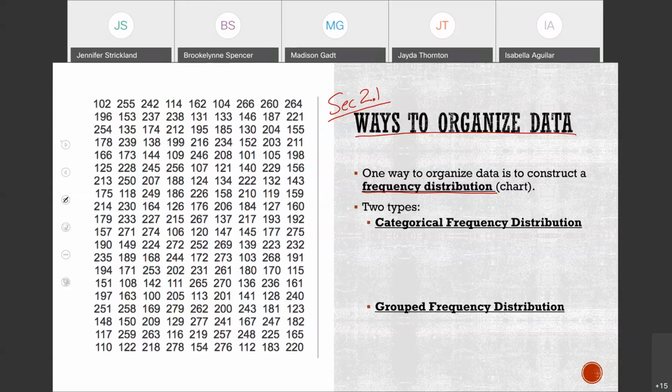We're going to work on both of these types today. There is what's called a categorical frequency distribution. Leave yourself a couple of lines, put some information in there. And then there's also what's called a grouped frequency distribution. So that's our goal today, that when you leave, you'll be able to construct both of those charts.